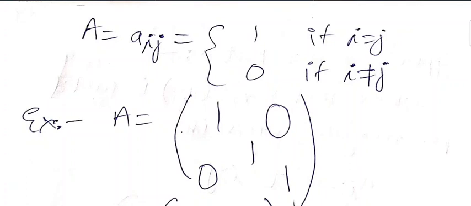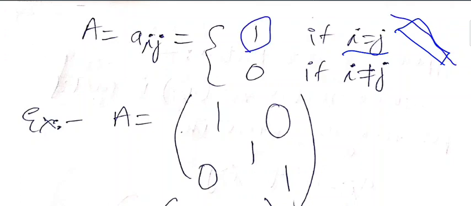The way I had defined scalar matrix, the same way I am defining now an identity matrix. You can clearly see that for i equal to j, the elements present like this, all those will be equal to 1, and off diagonal elements will be equal to 0.